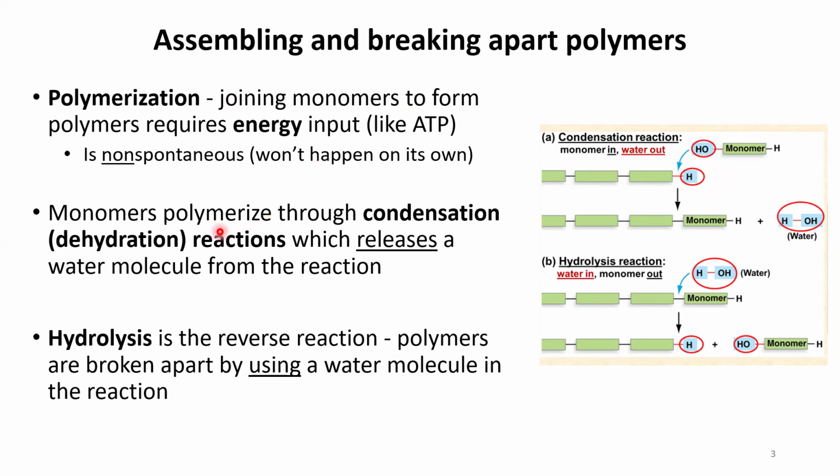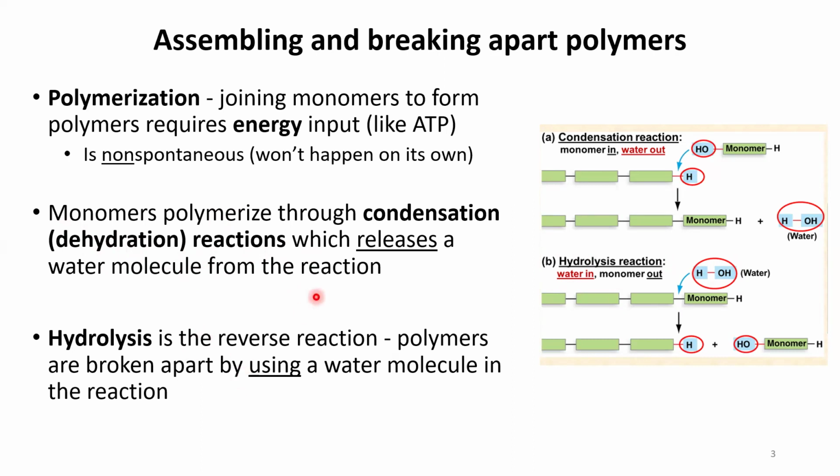Now, most times these monomers end up polymerizing through a process called condensation or dehydration reaction, which basically removes water molecules from the reaction. When they get joined together, a water molecule forms and dehydrates that molecule.